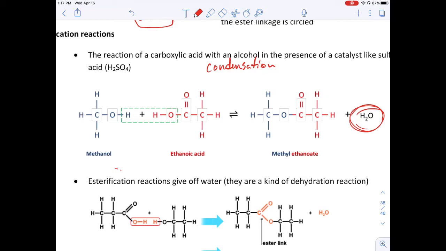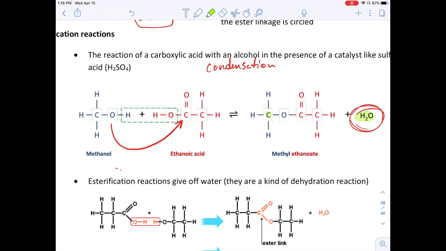That's a condensation type of reaction. In this case, though, the hydrogen from the alcohol and the hydroxyl from the carboxylic acid form the water that condenses out. And then the oxygen here bonds to the carbon here and forms the ester linkage.